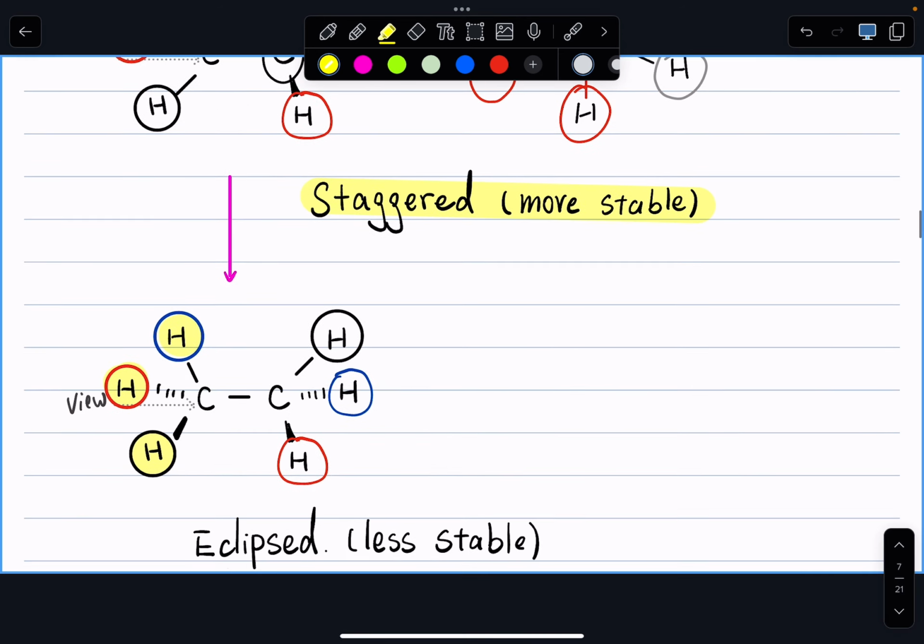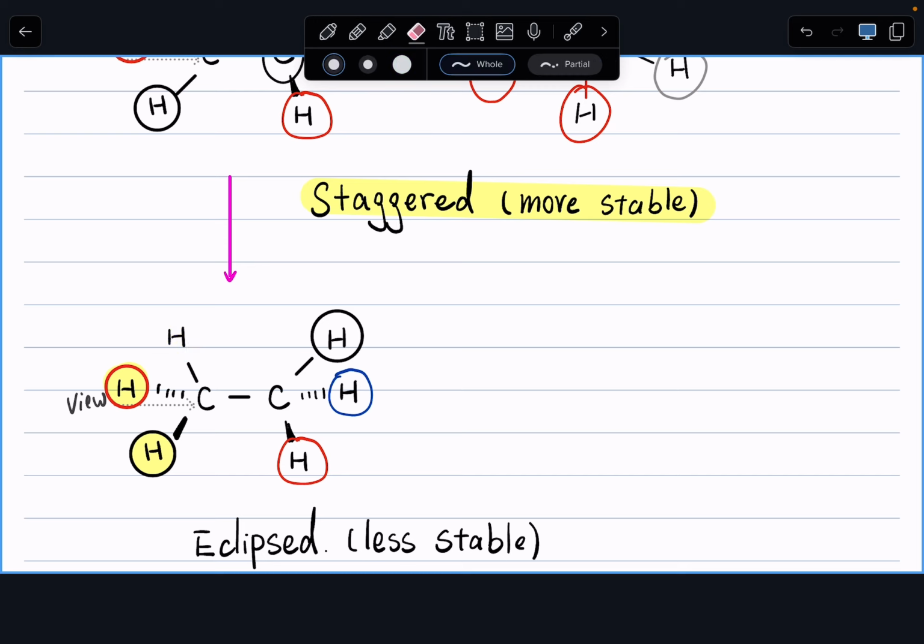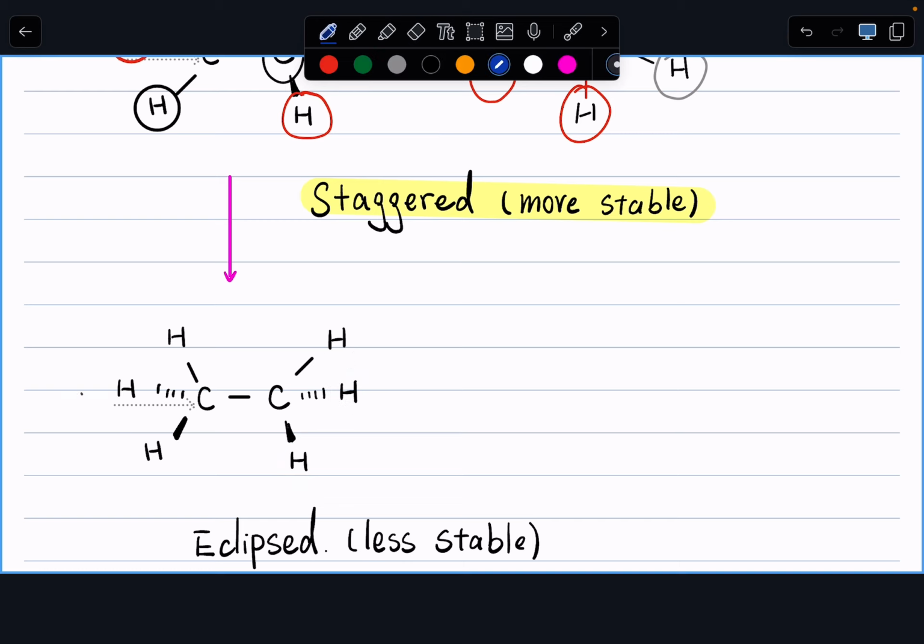So if we put that conformation to the normal viewpoint, what we see is, if I have my blue hydrogen defining the plane with my carbon atom, I'll have to draw this a little bit differently. So I have my blue hydrogens defining my plane with my carbon atom.